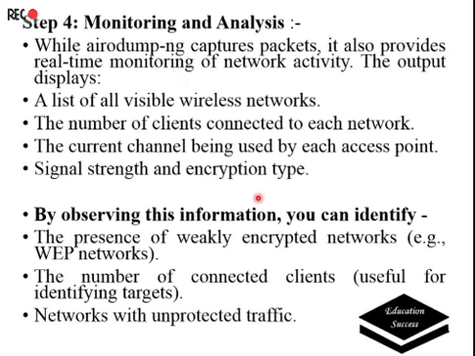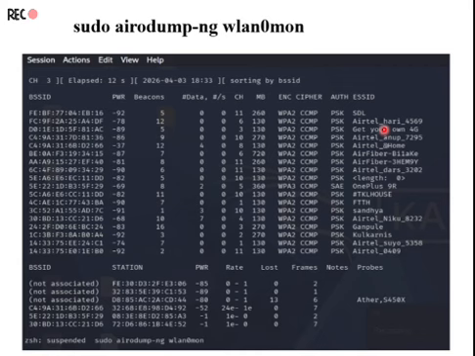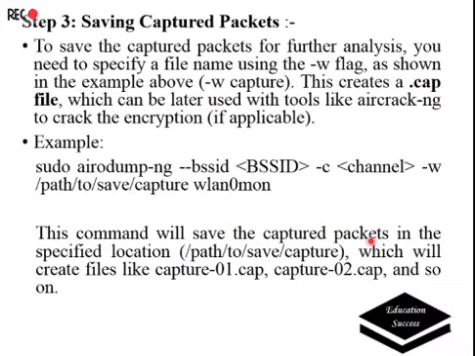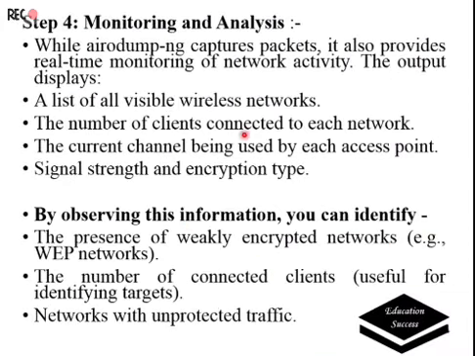Now we can monitor and analyze the packets. While Airodump-ng captures packets, it also provides real-time monitoring and shows a list of all wireless networks that we have seen. Here it is showing all wireless networks available. Again, it will show the number of clients connected to each network, the current channel they are using, signal strength, and encryption type.